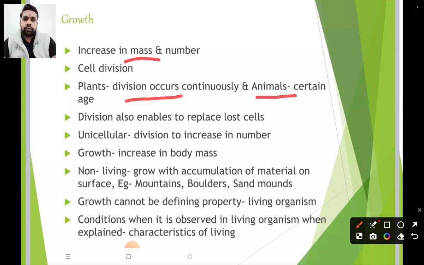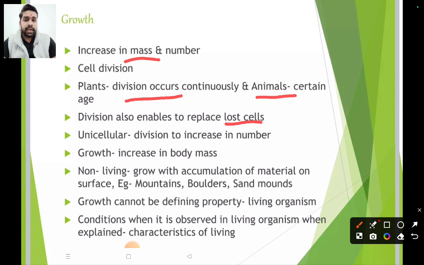Plants will grow and show cell division until the end of their life. Clear? Cell division also enables replacement of lost cells. Here, lost cells means cells which have stopped working, which are dead, or which are damaged. So cell division helps the organism replace all these worn out cells.